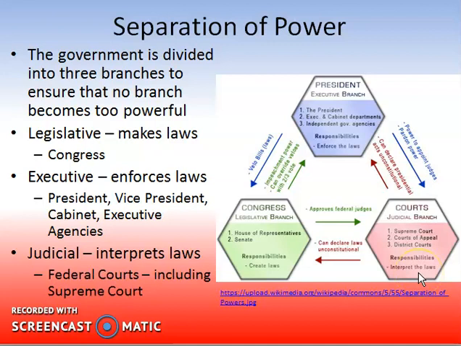Now, this chart also gives us the next principle, checks and balances. So all these little arrows in between them show how each of the branches does a check and a balance to each other. Because by having separate branches, we also have checks and balances.